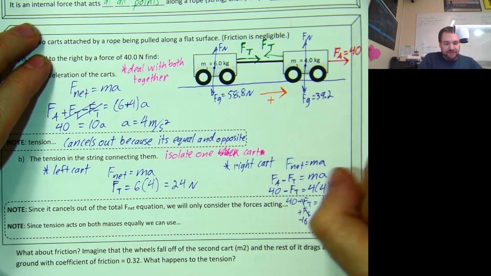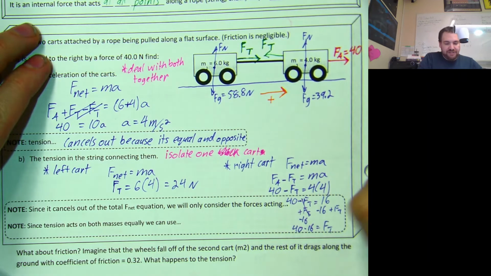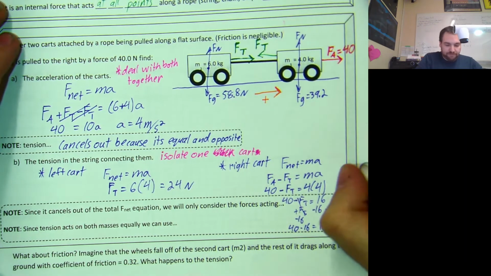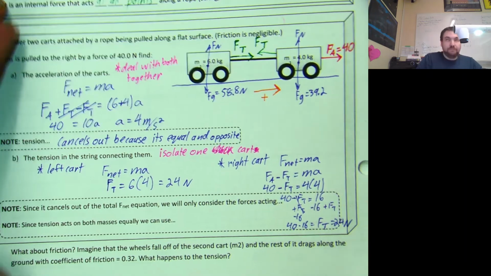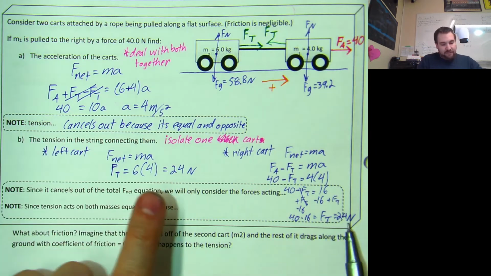Here that's going to cancel, so that's going to give me 40 minus 16 equals Ft, which is 24. I mean, we better get the same value because tension has to be the same everywhere in a single rope, and we did.